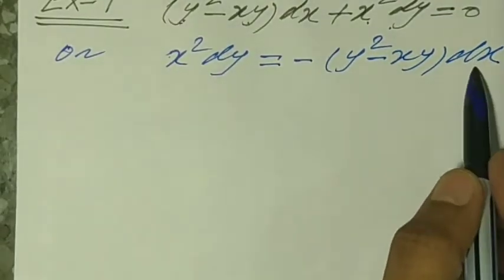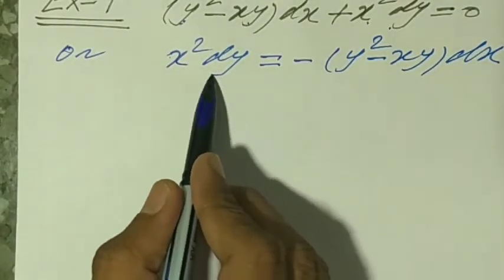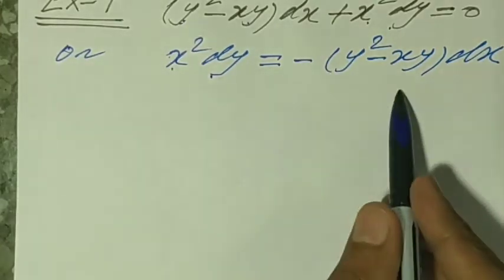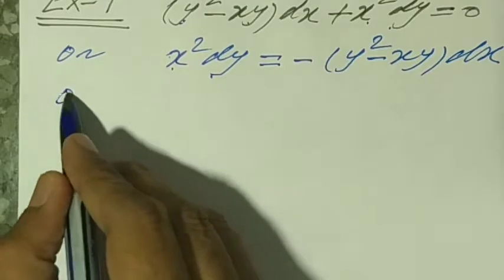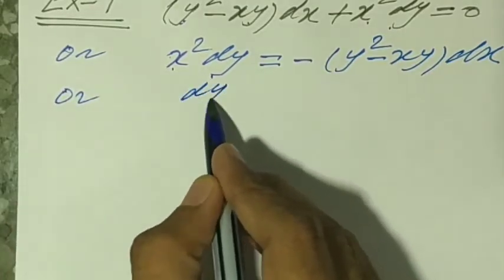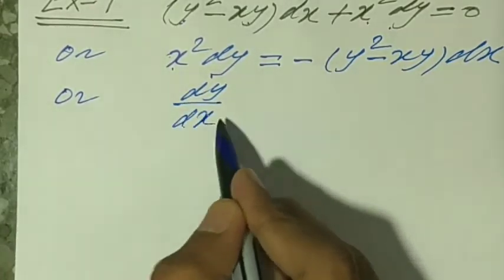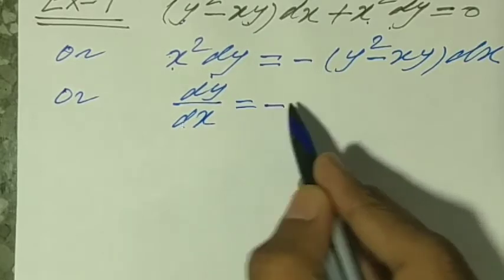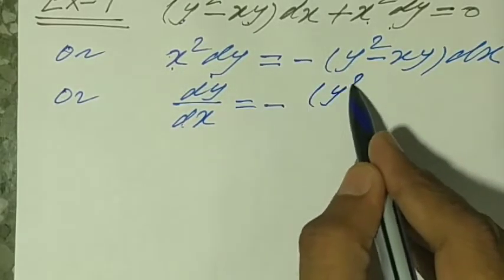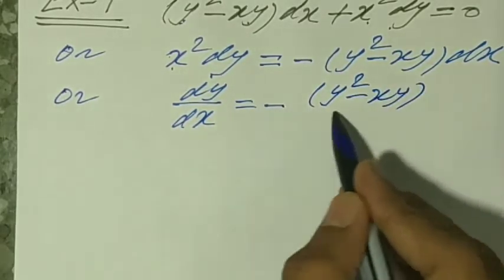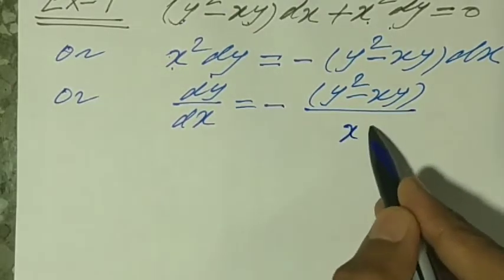Then we have to transpose dx to this side, so it goes in the denominator of dy, and x square should be transposed to right hand side. So we get dy upon dx is equal to minus y square minus xy upon x square.